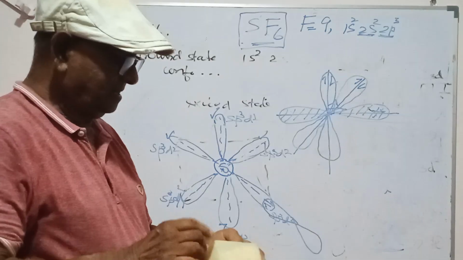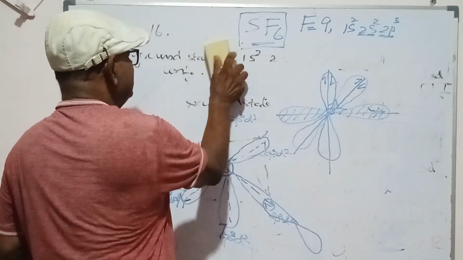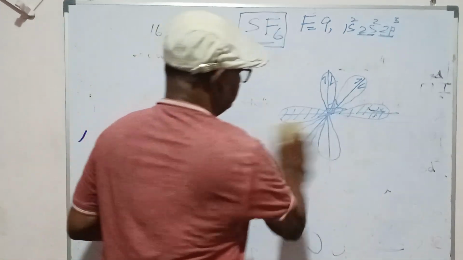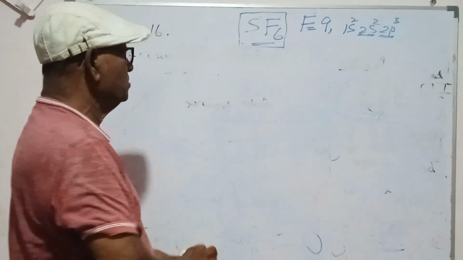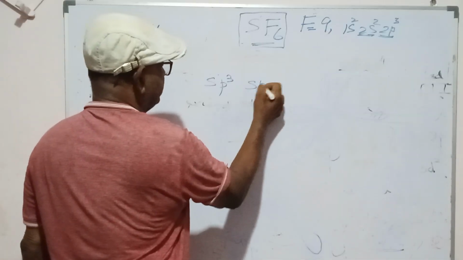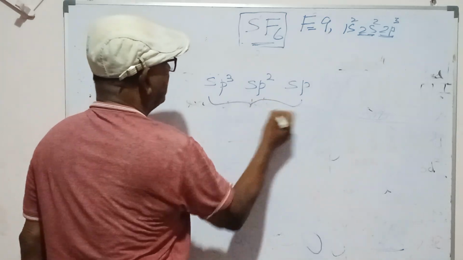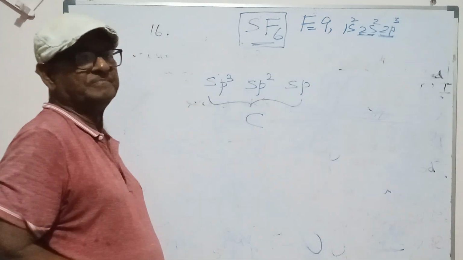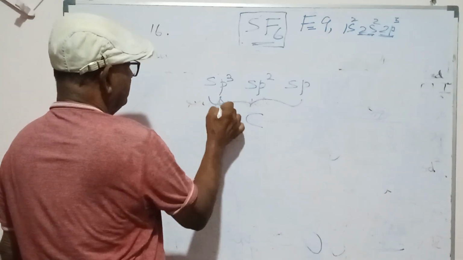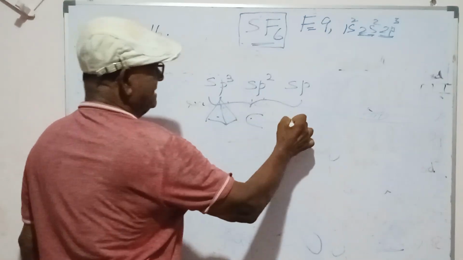Right? My dear children, now from these videos, I had explained to you sp3, sp2, sp related with carbon atom in detail. Tetrahedral, trigonal planar, linear.